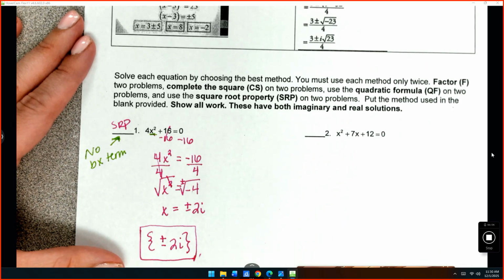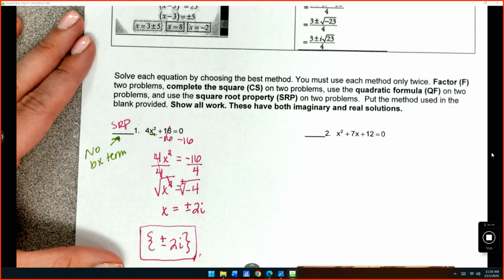Is the bx term an even number? So is b an even number? Yeah, 4 is an even number. Okay, so then that means I'm going to use completing the square. Okay, so I want to use completing the square if it won't factor, but b is an even number. So this one, I'm going to use CTS or CS.